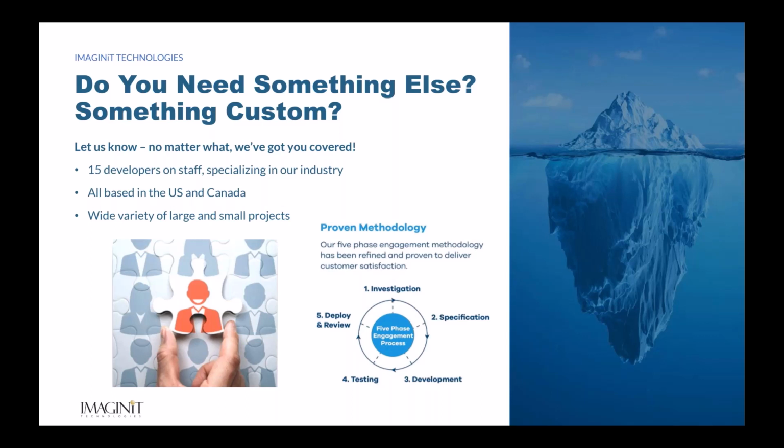Beyond that, if we've got something that's beyond what is reasonable for a quick utility for Revit, we do have a team of 15 developers. I think it might even be growing from there right now. We're a US-based company. Everybody working for us on the utilities is in the US or Canada.